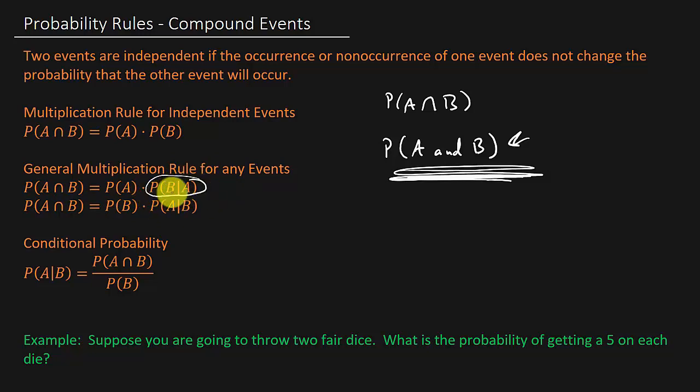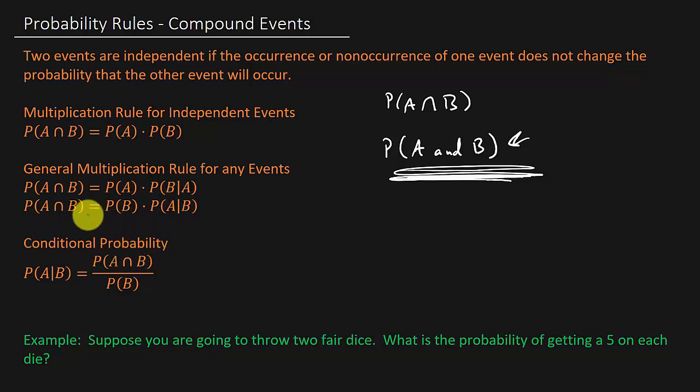The probability of B given A. Or you can have the probability of A and B equal to the probability of B times the probability of A given B. So all this means is the probability of A and B is equal to the probability of A times the probability of B given that A has occurred.